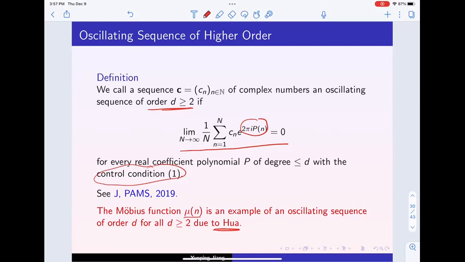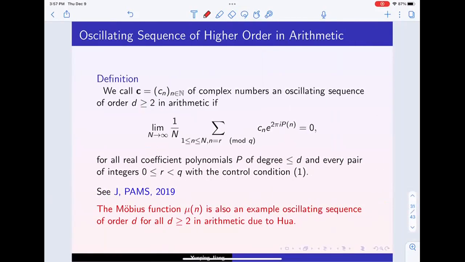That's interesting. So now I define something called the oscillating sequence of order d in arithmetic progressions. Again, you take a summation over n equal to r modulo q, for every r less than q.